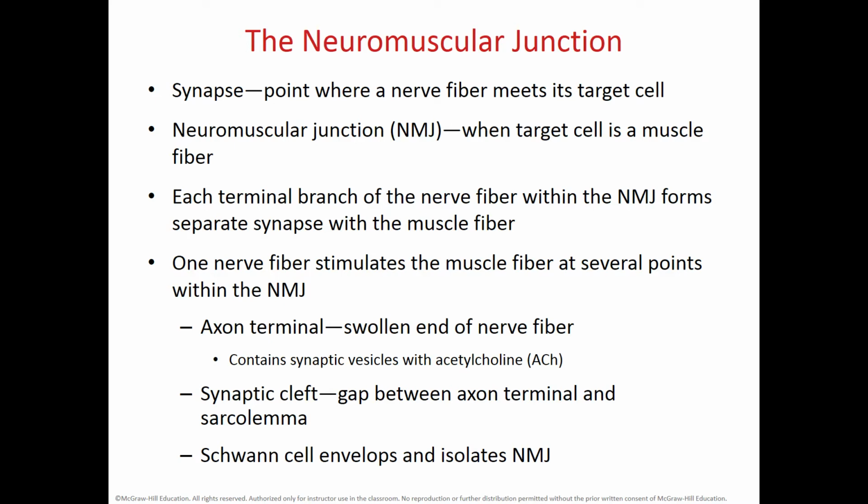In the muscle fiber, the plasma membrane that has the receptors for acetylcholine is called the motor end plate. Each terminal of the nerve fiber within the neuromuscular junction forms a separate synapse with the muscle fiber. So one nerve fiber stimulates the muscle fiber at several points within a neuromuscular junction.